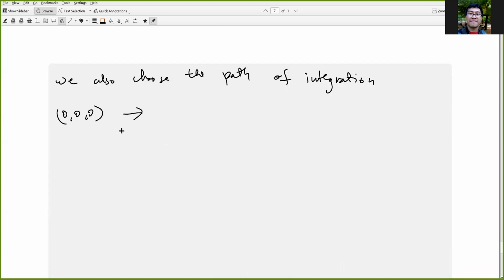So we start at 0, 0, 0, and then instead of going straight to x, y, z, we go to x, 0, 0 first, so that we can easily set the values for y, and then x, y, 0, and then x, y, z.